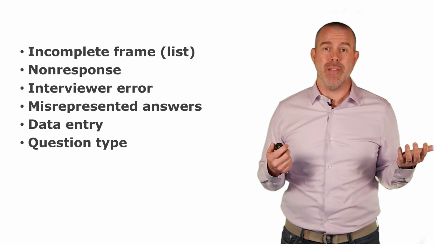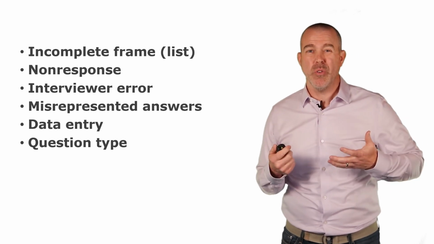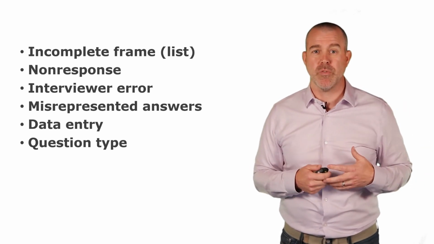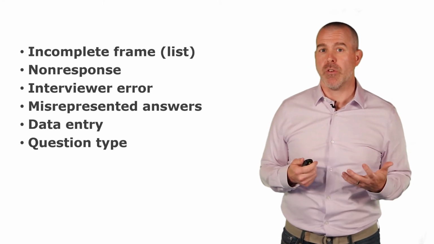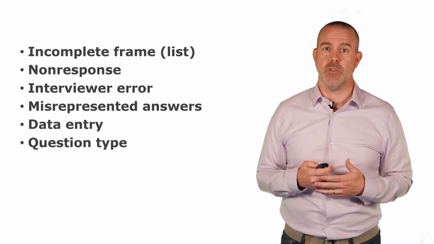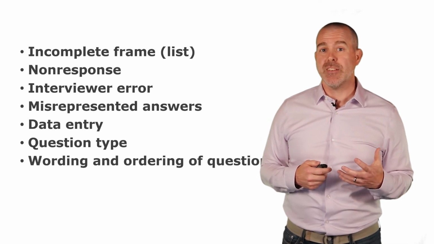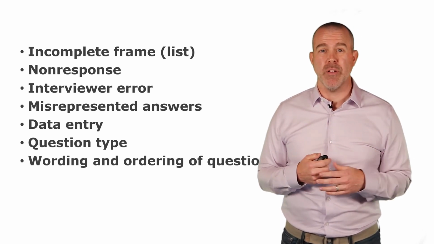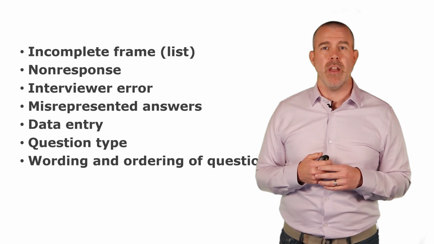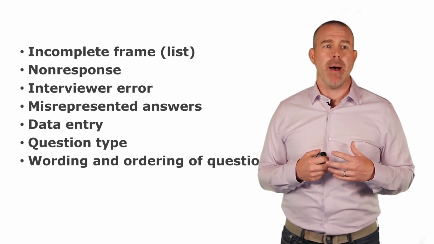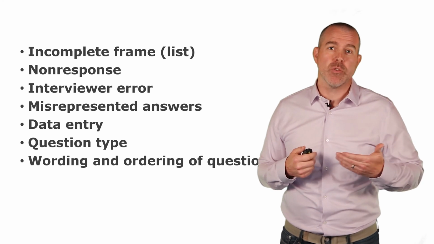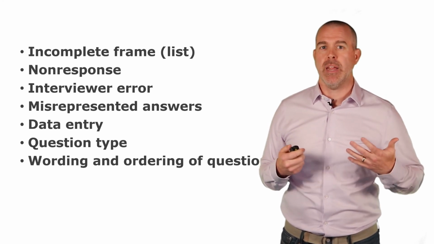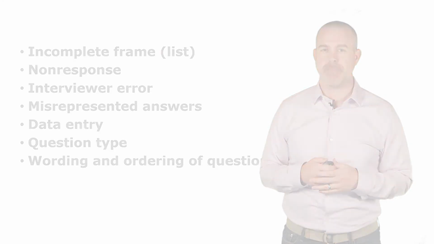Well, their band might not be on there. So that's called a closed question. There's only a certain number of options versus an open question. So the type of question might create some errors or some bias in those responses. And then the last one is wording and ordering of questions. We'll talk about this more in another video, but how a question is worded could create some bias where people aren't able to respond in an authentic manner.